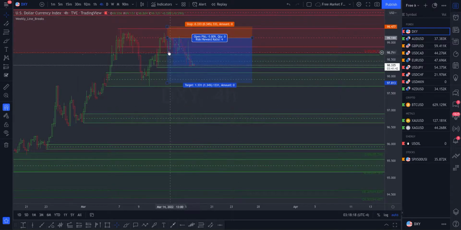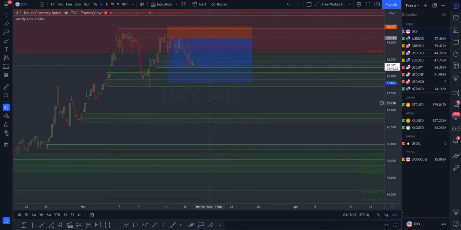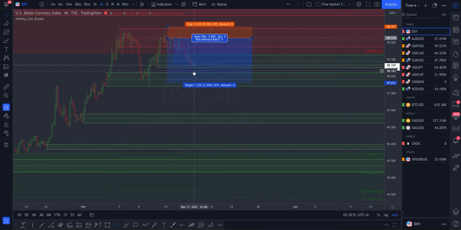But we see that the market did open up, played around inside of the 4-hour supply that we had marked out, triggered us in, and is now into the initial trade that we were looking for. We are sitting inside of 4-hour demand. However, based on price action, you can see the rejection wicks in here.